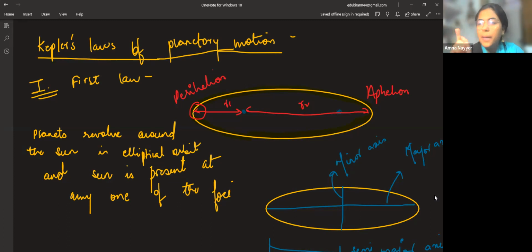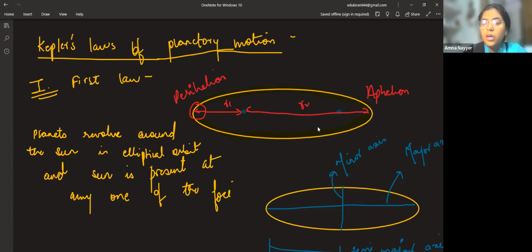When an elliptical orbit is formed, you don't have a single center of the ellipse like we have the center of a circle. What happens is that we consider two portions. First law says that planets revolve around the sun in an elliptical orbit.